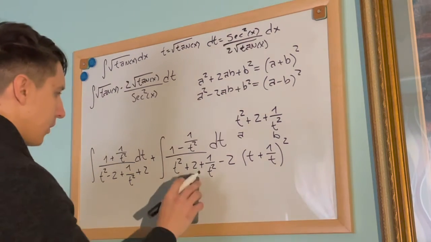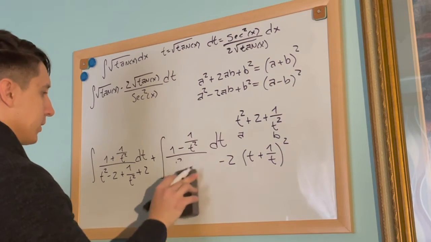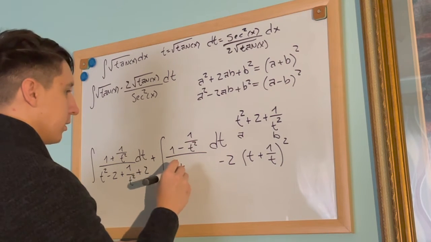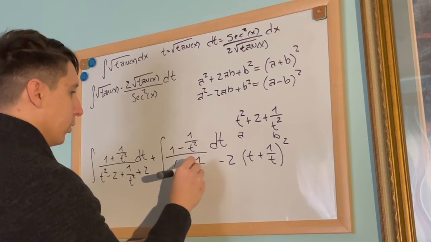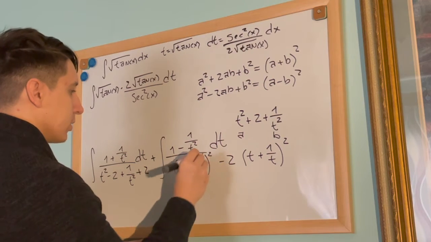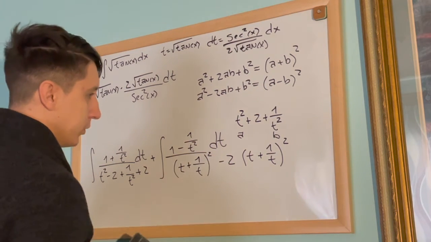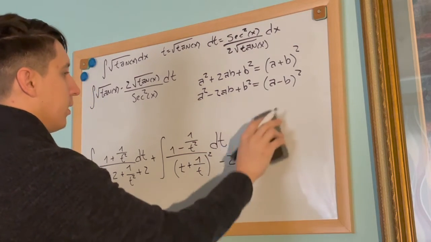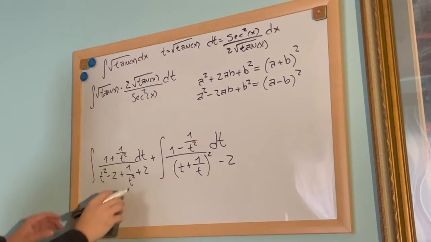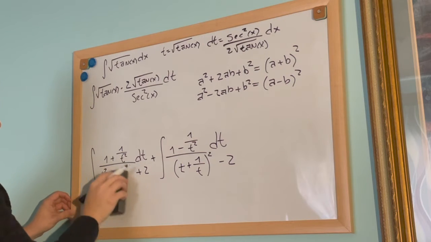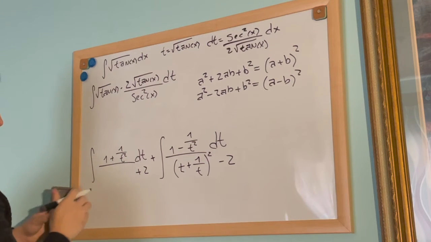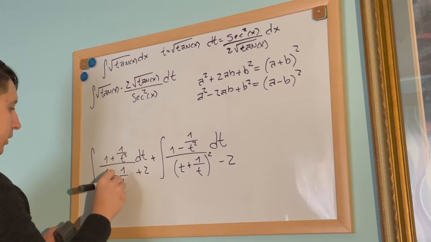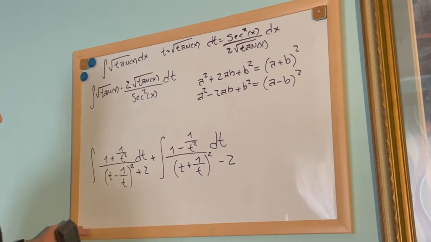So you'd be able to take all of this and just do t plus 1 over t, square that, minus 2. And then this one would be the same thing, just t minus 1 over t squared plus 2.